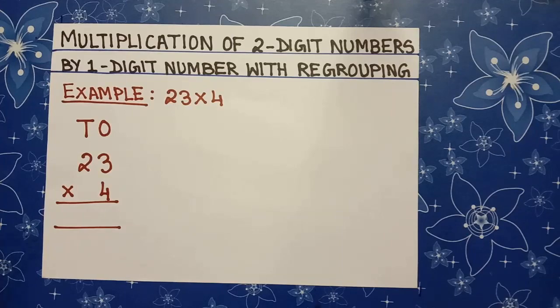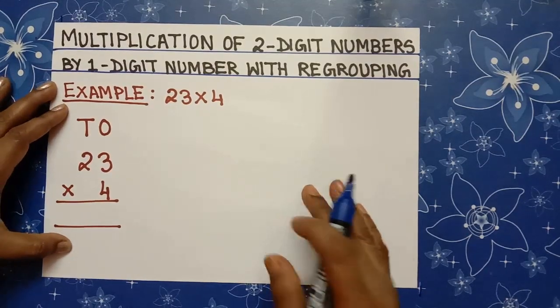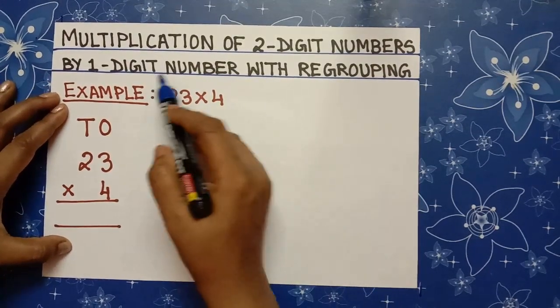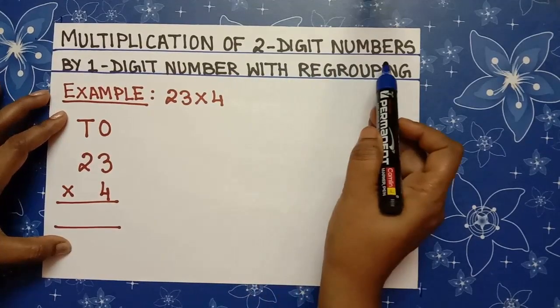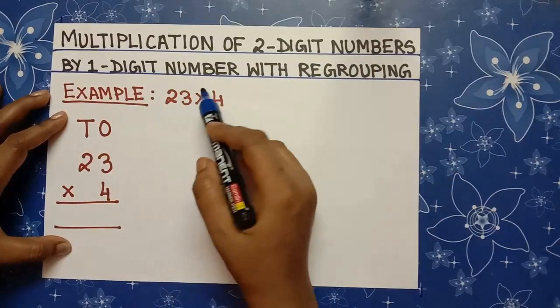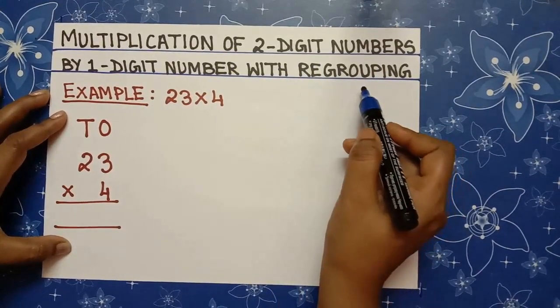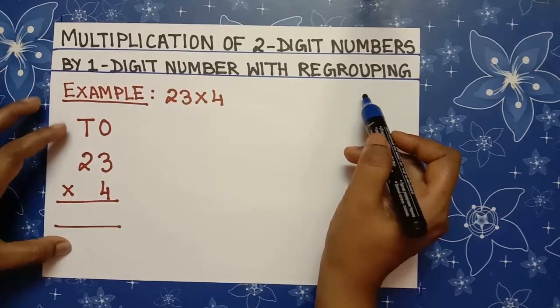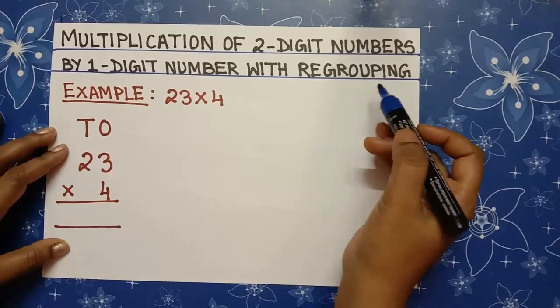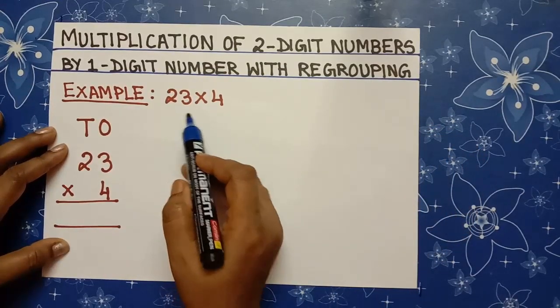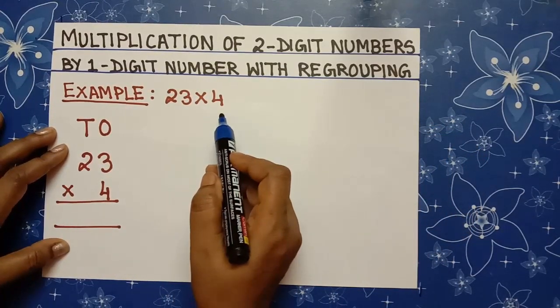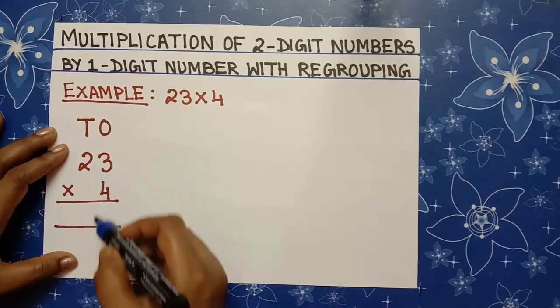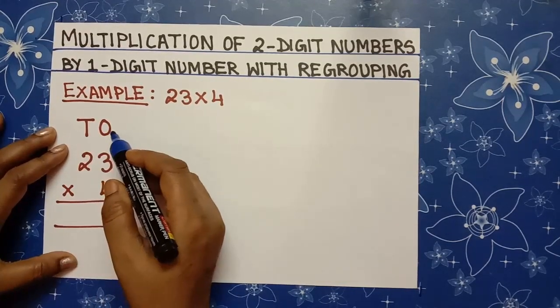Now we come to the next one. Multiplication of 2-digit numbers by a 1-digit number with regrouping. Regrouping means with carrying. Let's start with an example. Let us multiply 23 by 4. Arrange the numbers in a column, tens and ones column.